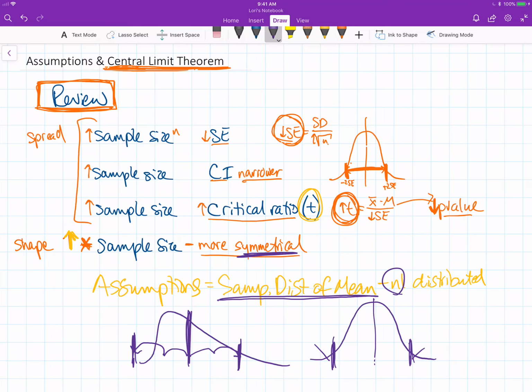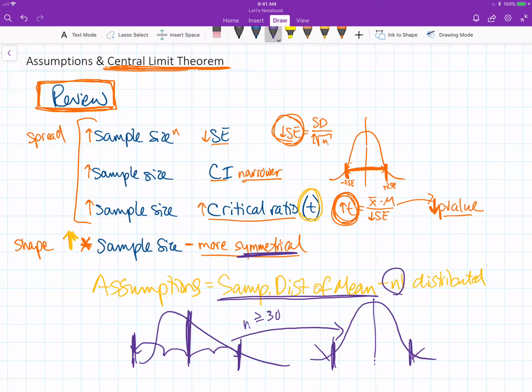And the magic of this is that as soon as we have an n of 30 or more, of at least 30, what happens to any kind of a skew is that that tends to start disappearing.